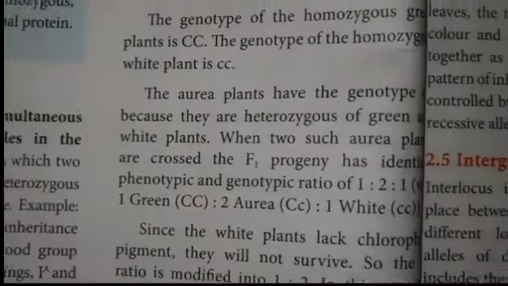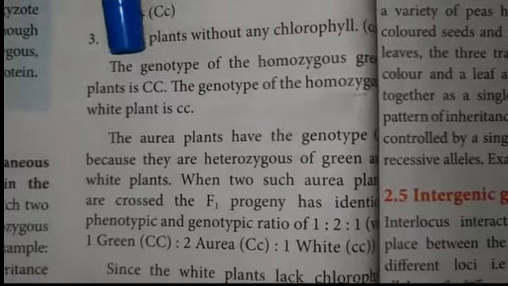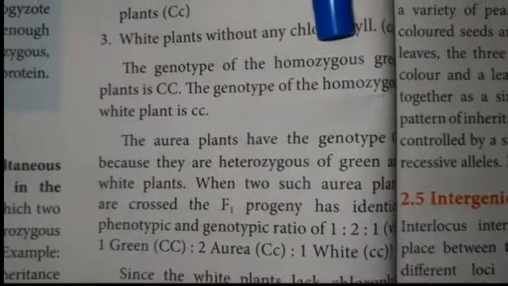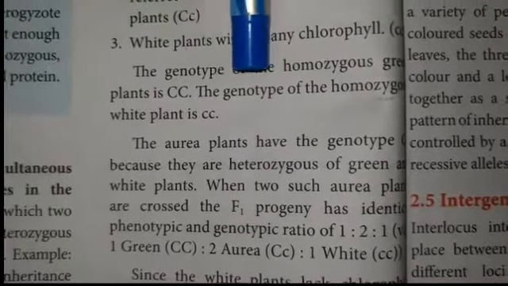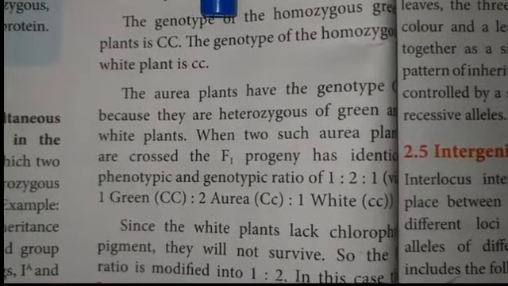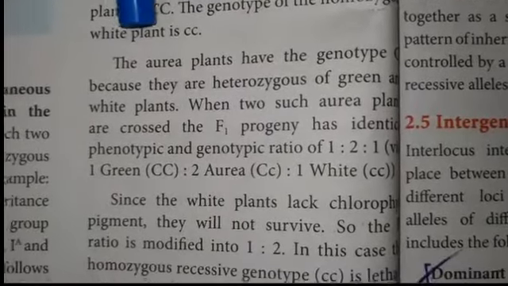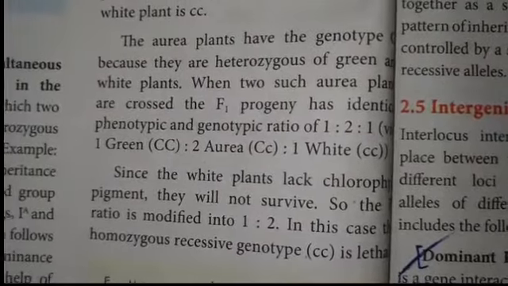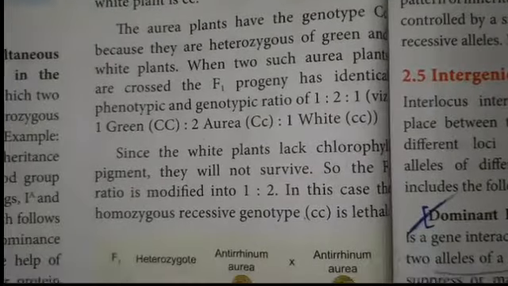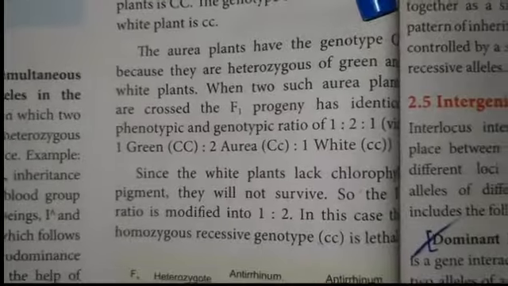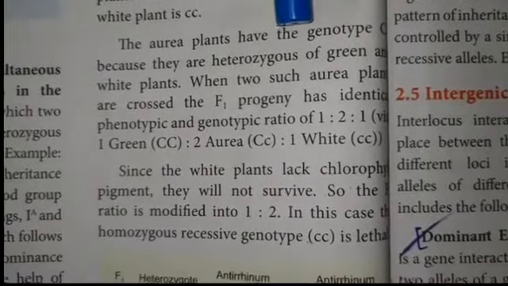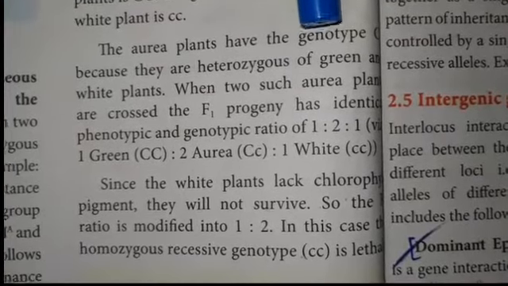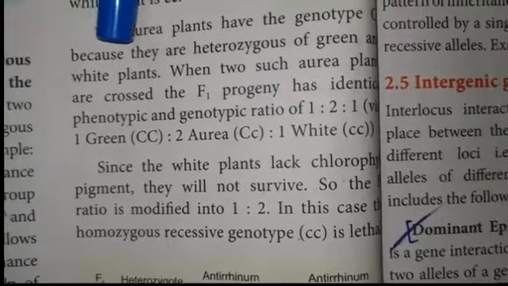Here, the genotype of the homozygous green is capital C, which is dominant, and the genotype of the homozygous white is small c, which is recessive, a double recessive lethal allele. The Antirrhinum plants have the genotype of one capital C and one small c, which is a heterozygous condition that shows both the green pigment, capital C, and white, small c.